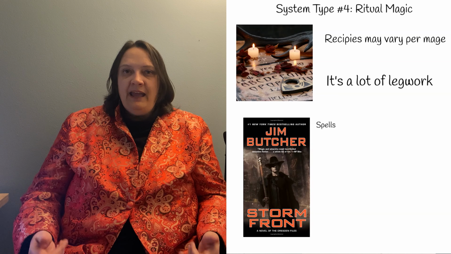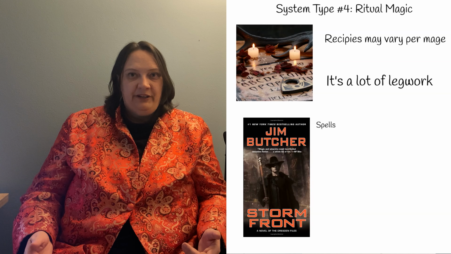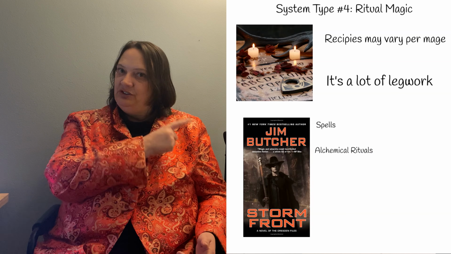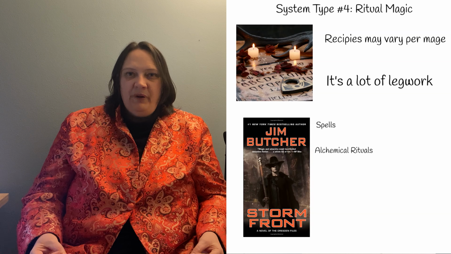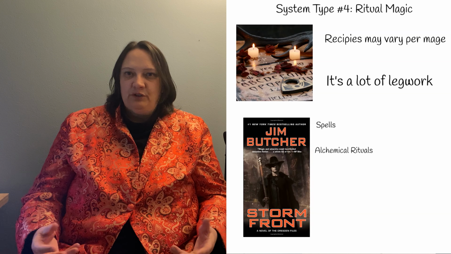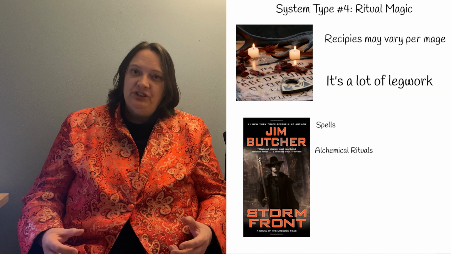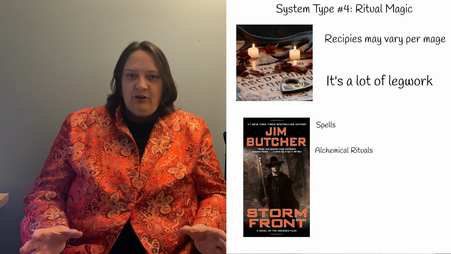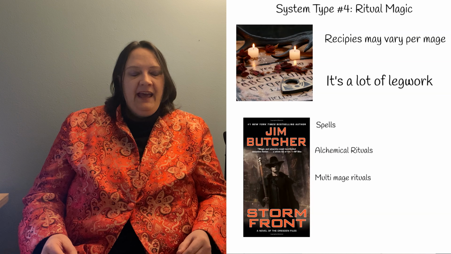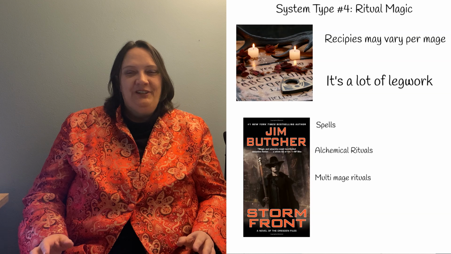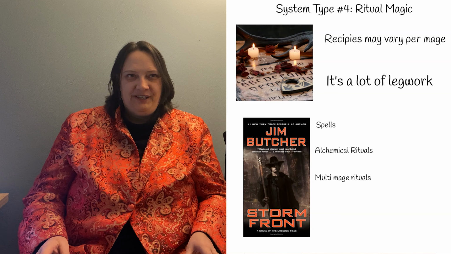He has alchemical rituals, which is the creation of potions, and I made a short about Harry making a love potion that you can check out over there in the info card, where he uses different components in this alchemical ritual to make potions. He has proper rituals where mages form little covens and do their ritual thing and combine their power. And then he has what is truly amazing, what he calls cosmic vending machine magic.